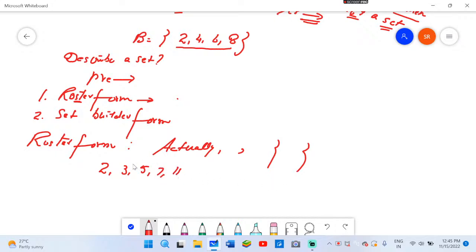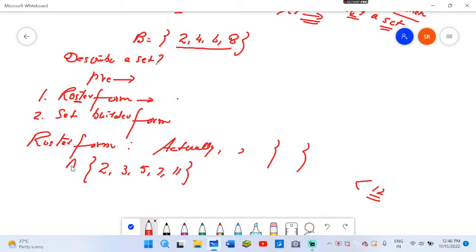So I have written all the elements satisfying the condition of being a prime number less than 12. These are 2, 3, 5, 7 and 11. I separated them by putting commas, and now I enclose them in curly brackets.